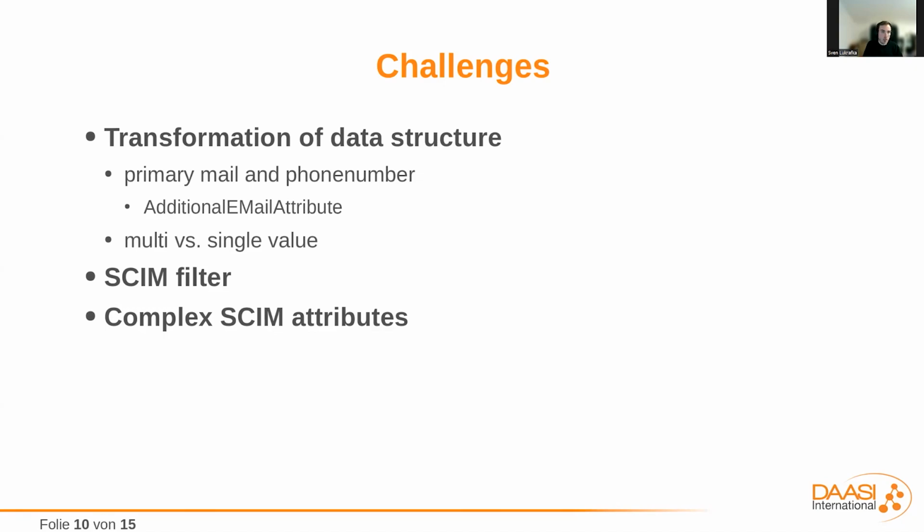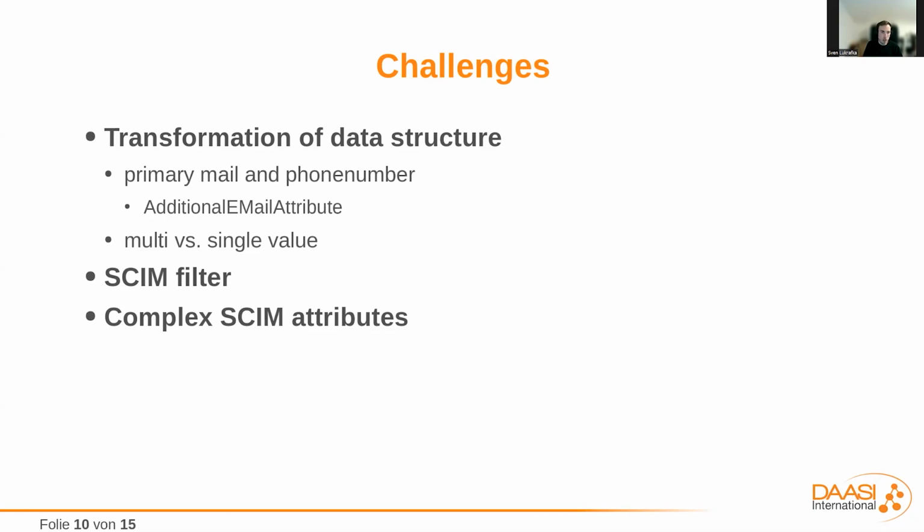Another thing was multi versus single value. We have some attributes which are defined as multi-value by the SCIM schema and single value by the MidPoint schema, and the other way around. So you have to find your way in how to deal with that. Our idea here was to stick mainly with the SCIM schema.